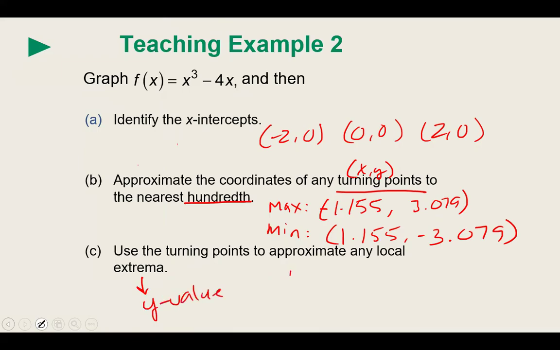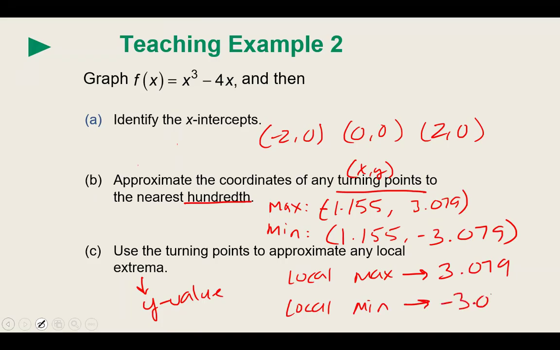So my local max is what? Which is the highest? 3.079. My local min is negative 3.079. Okay, and they're local because this is an odd function, right? And this odd function is going forever to positive infinity and forever to negative infinity.